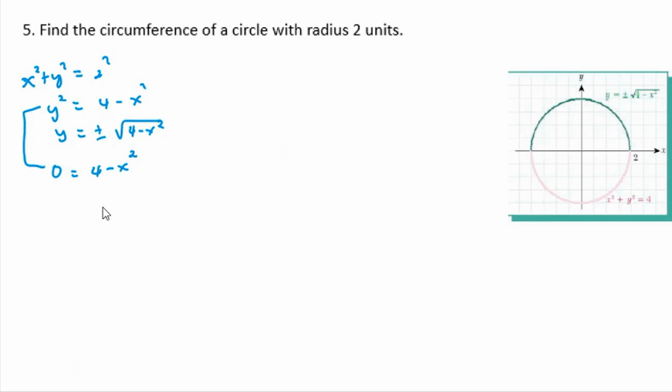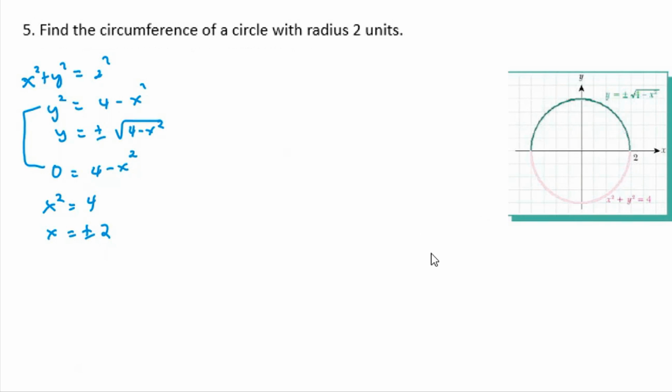To solve for x, or for the interval, we transpose, so x squared is equal to 4, and x now will be equal to plus and minus 2. Okay, but looking at this one figure only, we have from 0 to 2, or we can also solve using from negative 2 to positive 2.